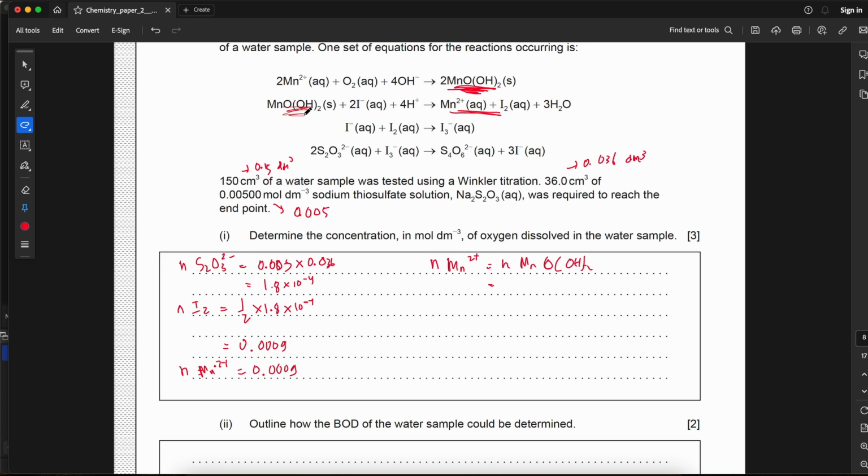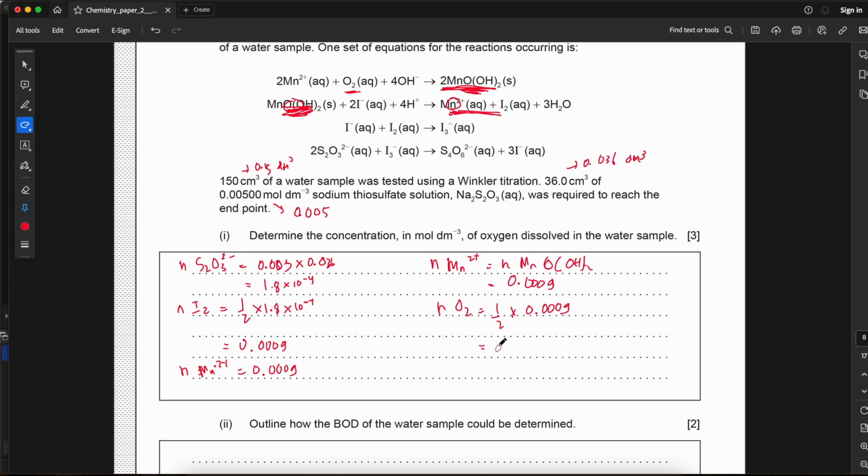They have the same coefficient as well, right here with Mn2+. So that would be 0.00009 mole as well. And we reach the oxygen. That would be half of Mn(OH)2, so oxygen will be half of 0.00009.